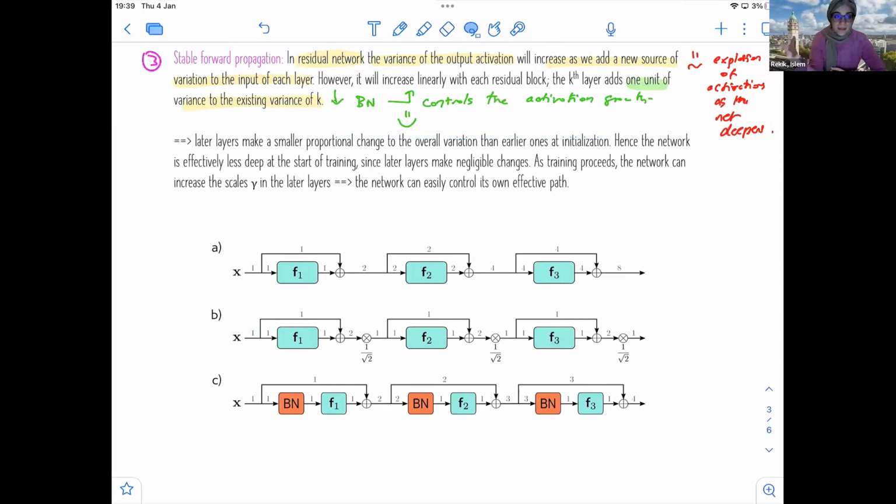And by controlling that, the activation happens during the forward pass. So it's the forward problem. And now with BN, we have solved the forward problem, okay? So we have basically toned down the activation. Here in the first case, we have a forward explosion of activations or neural responses.